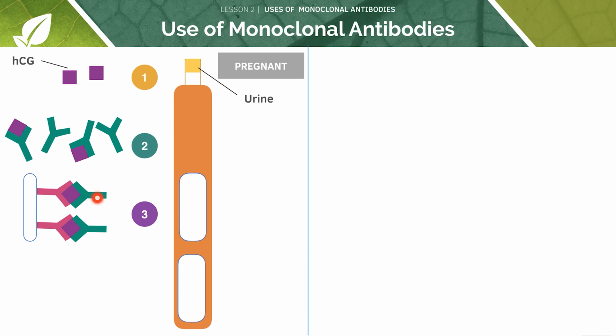You can see here, you've got your HCG bound to the monoclonal antibody, and it's going to bind to another antibody that's attached to this test strip surface. This will bring the enzyme, which is attached to this HCG antibody complex, close to a dye substrate. Imagine the dye substrate being here, and this is your HCG, this is your monoclonal antibody that we had at the start, and they've all been brought into a close complex, and this is going to induce a colour change.